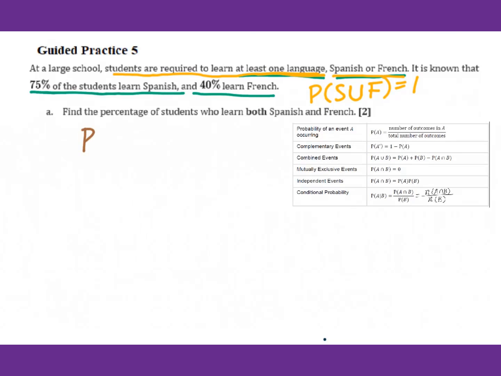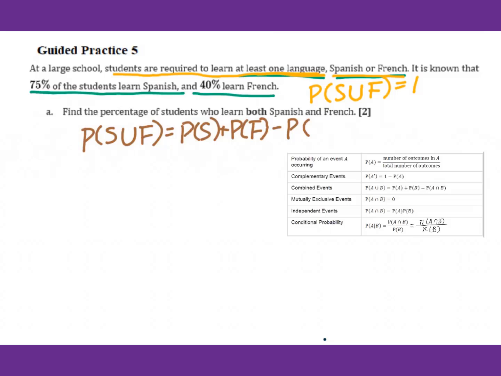Therefore, we can write down Spanish union French equals probability Spanish plus probability French minus probability Spanish intersect French. So we plug in now. This is 1 equals 0.75 plus 0.4 minus probability Spanish and French. So we work this out.